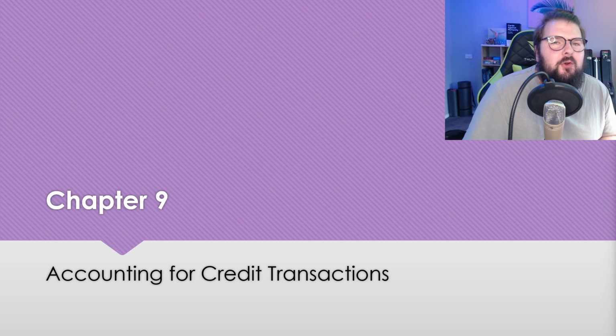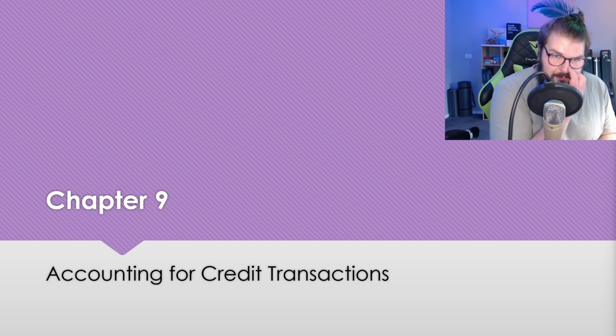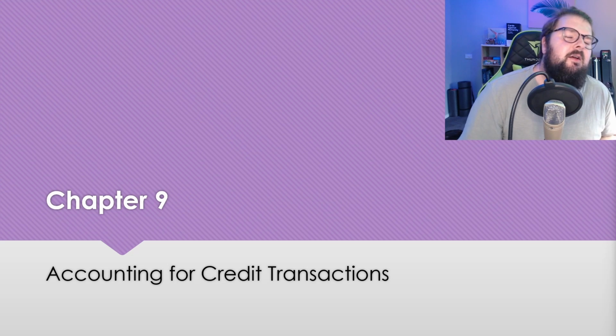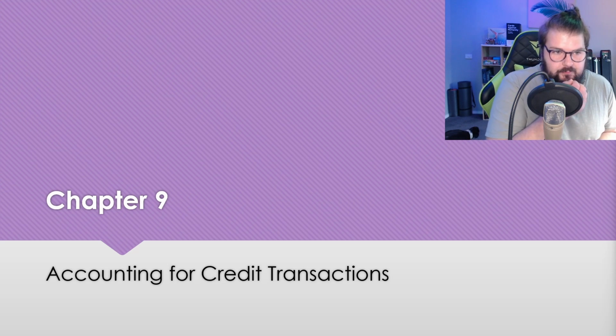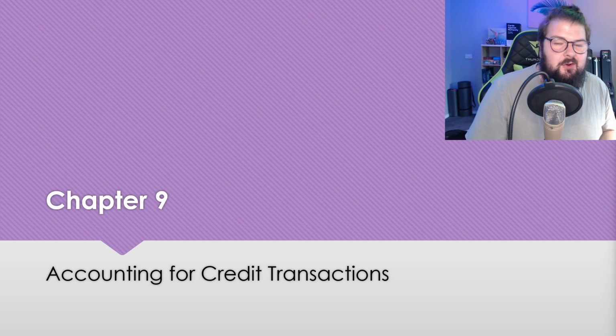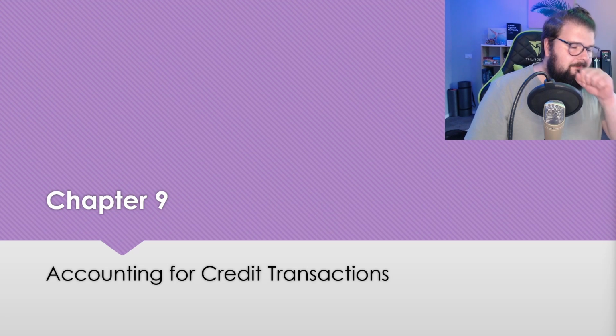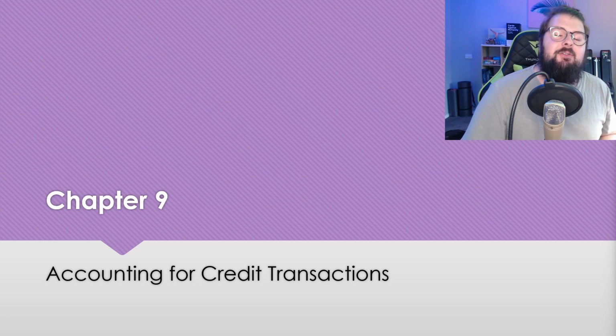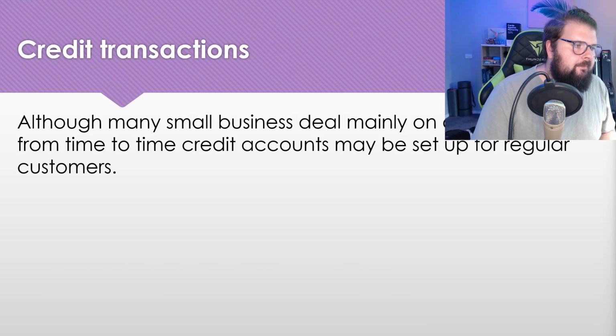So today we're going to focus on accounting for different revenues and expenses, focusing on credit transactions. The main focus on this will be on accounts receivable and the sales that we make. But everything that I say can be applied to accounts payable or the money that we owe.